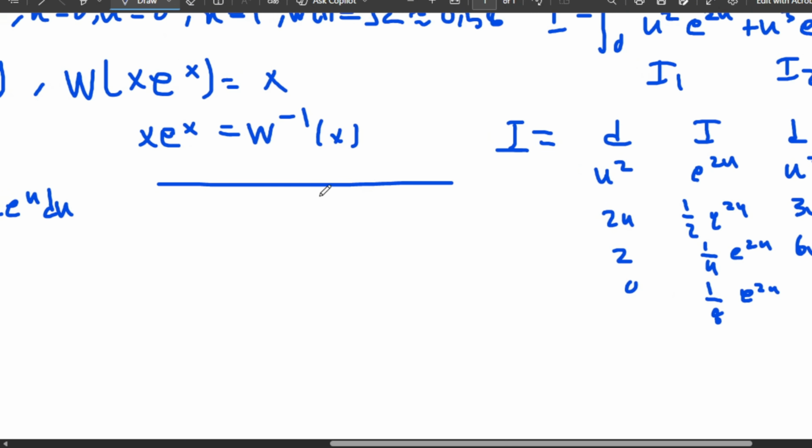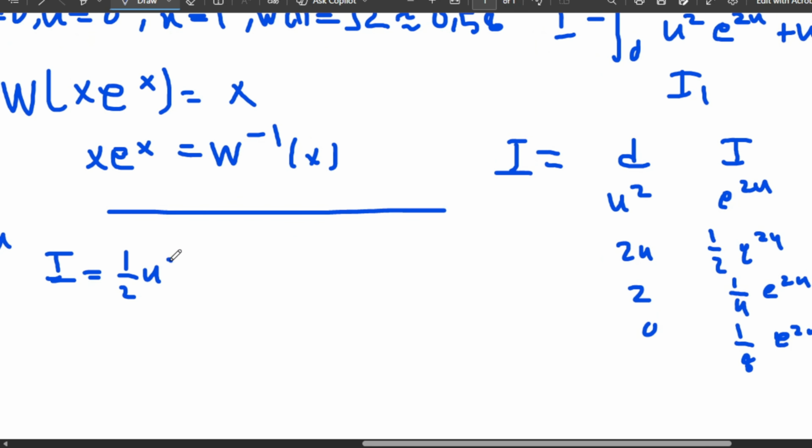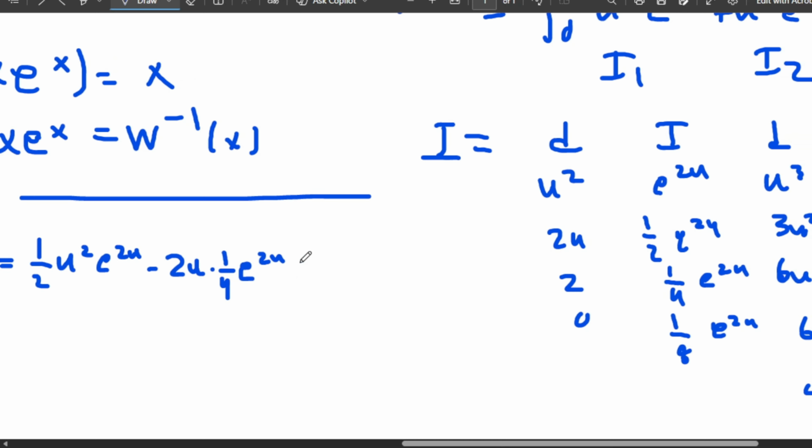So our integral must be, okay, a half u squared e^(2u), minus 2u times a quarter e^(2u), and then add 2 times an eighth e^(2u). Okay, that's great.